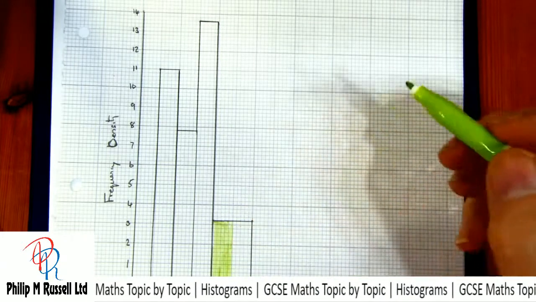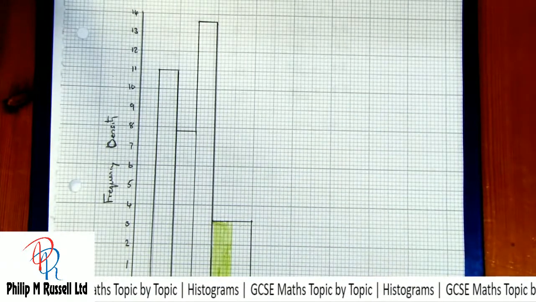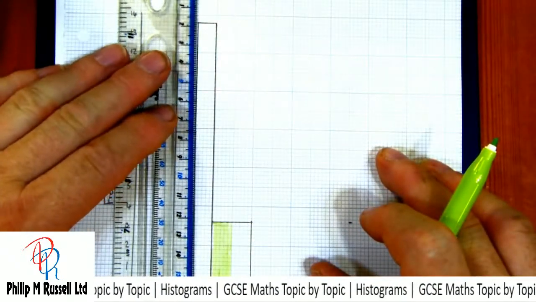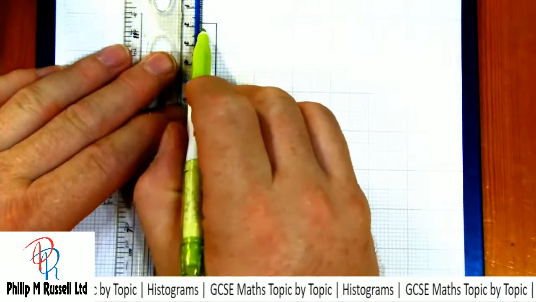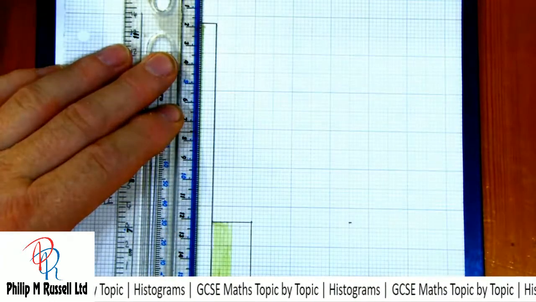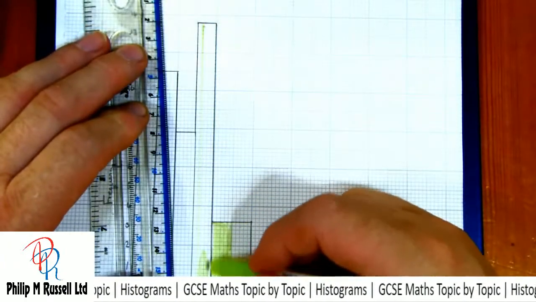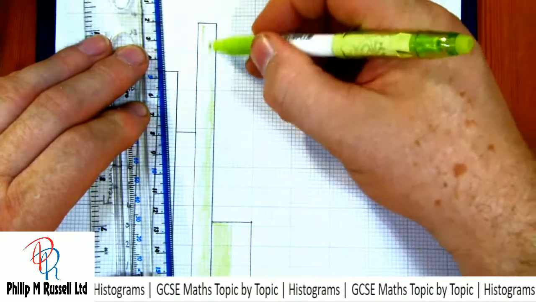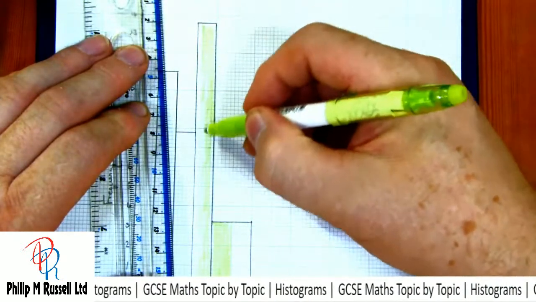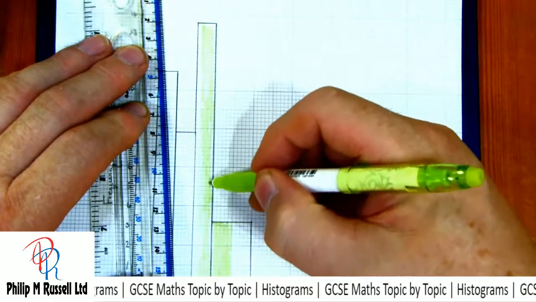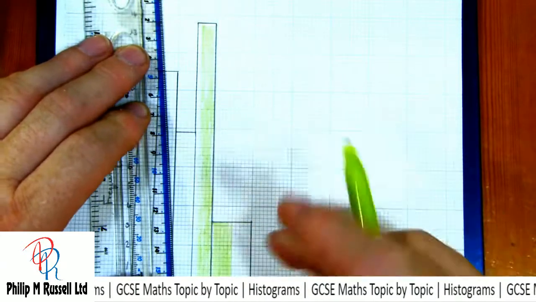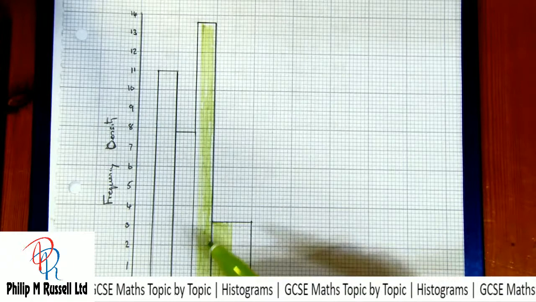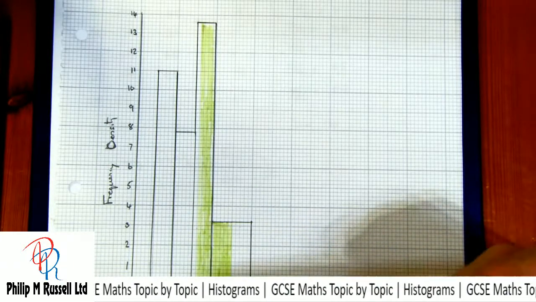So I want that lot, and we want to go from 36, so it's also going to be all of that lot, but not anything else. So I've got to find now that number.